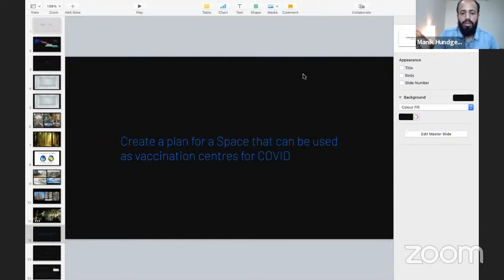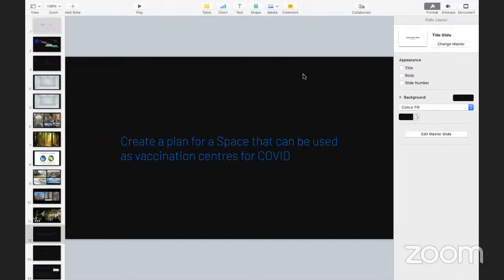So let's see what the user journey for our case should be. Go with one point, one activity per person. You can just say what will happen when someone comes in. So where should we start for the user? If you have to go to get vaccination, where will you start? Okay.